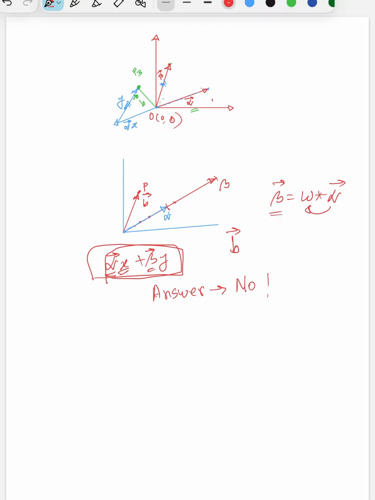So beta is nothing but a scaled alpha. So even though it looks like in a two-dimensional system we have two vectors, in reality we have one actual vector, and the other vector is not providing us real information.